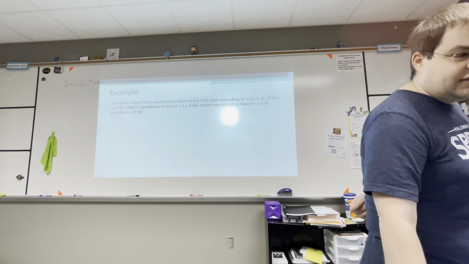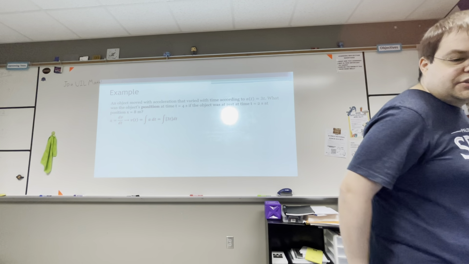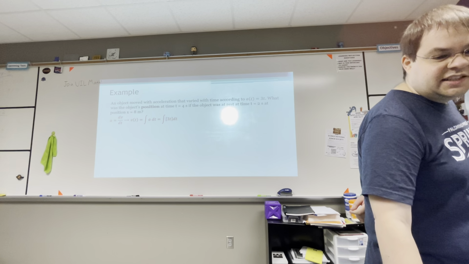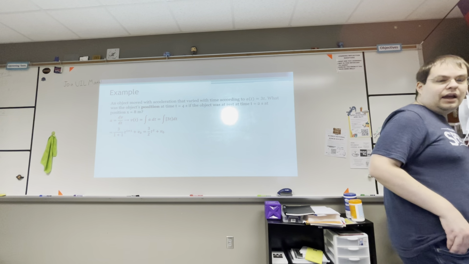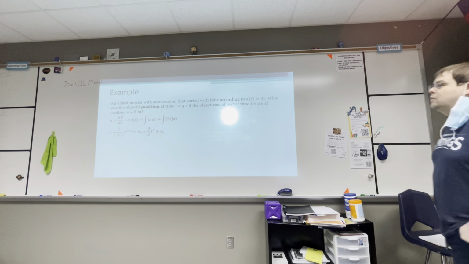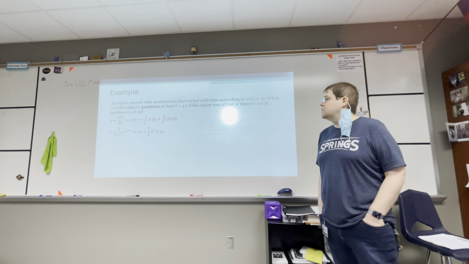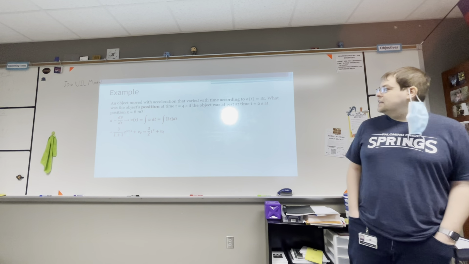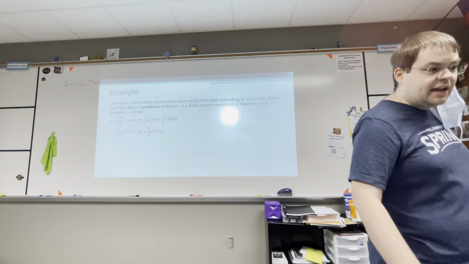So let's go to the velocity function first. So we're going to integrate 3t with respect to t. And once again, reverse power rule. So 3 over 1 plus 1 times t to the 1 plus 1. Slap that constant on, so v naught. And we can simplify.